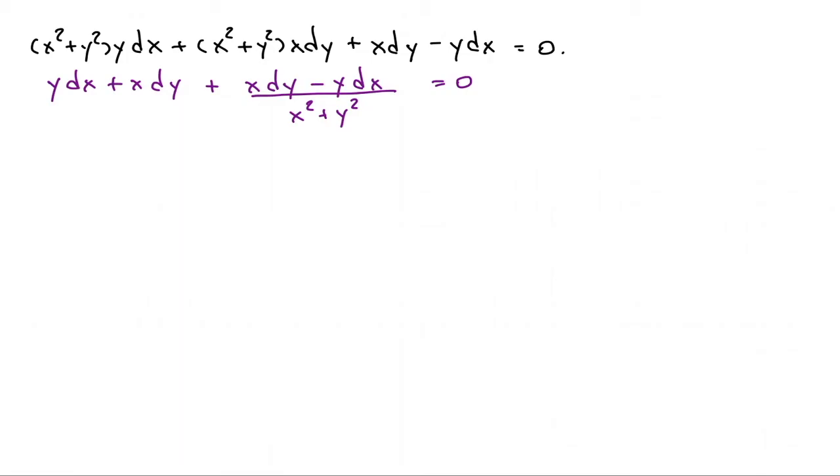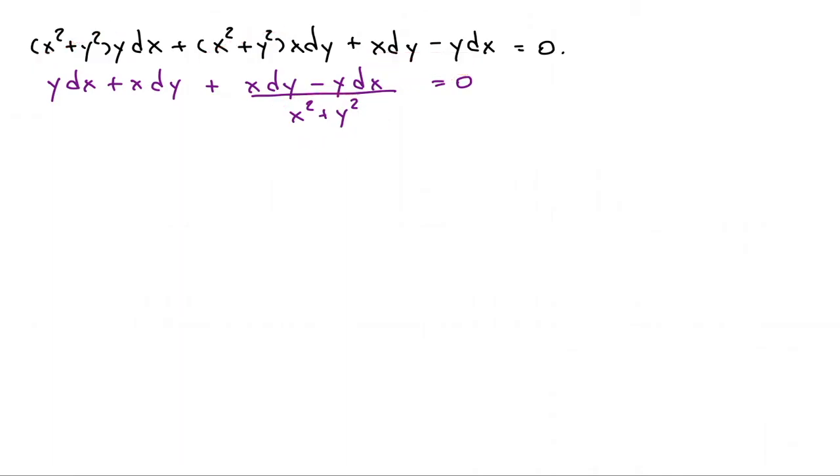I basically divide the whole equation by x squared plus y squared. So this disappeared, and we have x squared plus y squared here, which is what we have here.